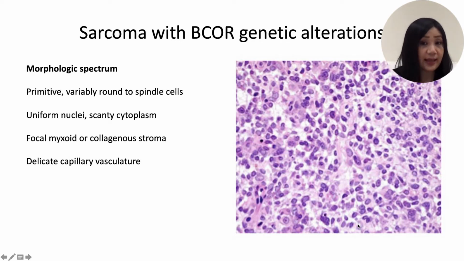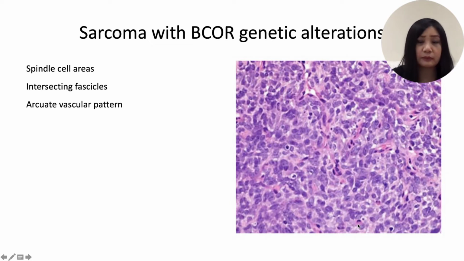So we can already see that, yeah, these are somewhat rounded cells, small rounded cells, but they're definitely more atypical than Ewing sarcoma. So these tumours are composed of primitive, variably round to spindle cells with scanty cytoplasm, but typically in focal, at least focal myxoid or collagenous stroma, and frequently these have quite a rich background vascular network or a delicate capillary vasculature.